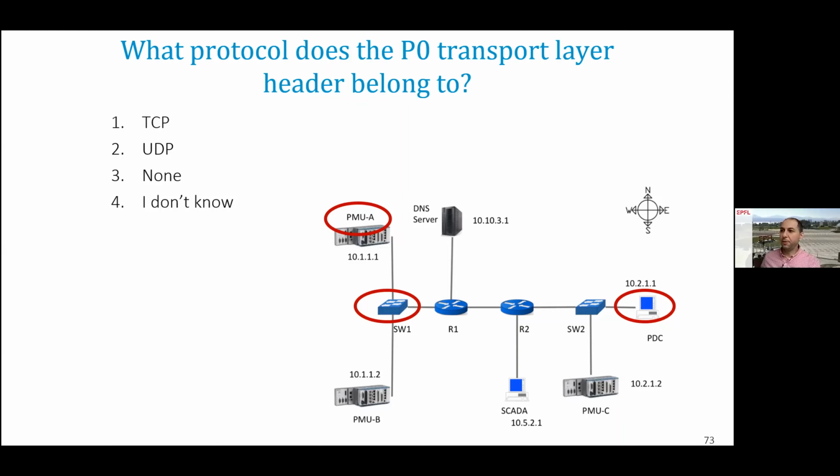I close the poll, and the majority says UDP, which is correct, because with DNS, the request and reply are very short messages. And if you would like to use TCP, it comes with a huge overhead, and it is not worth it to use TCP with a DNS request.